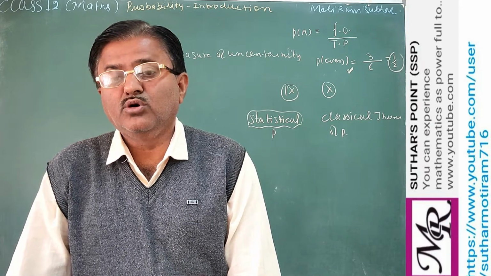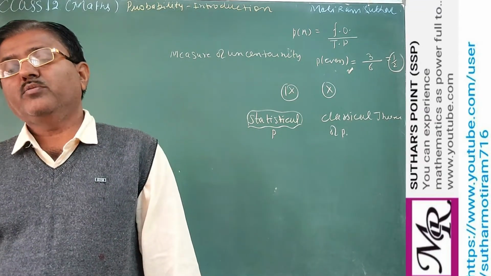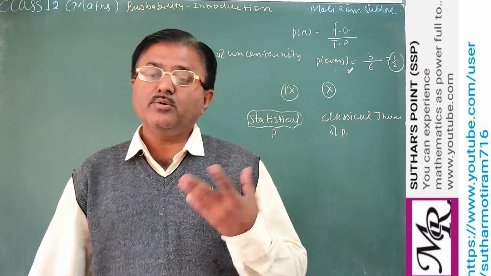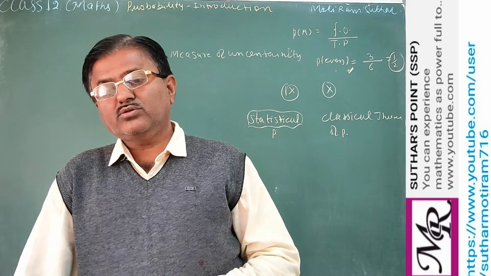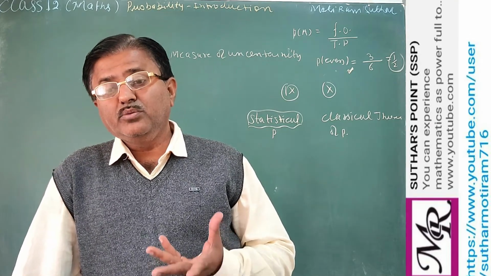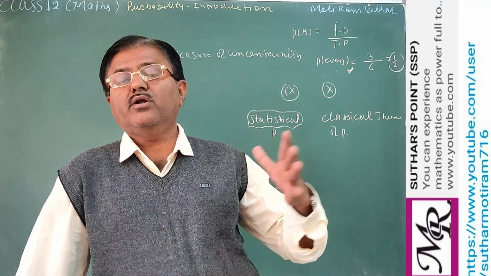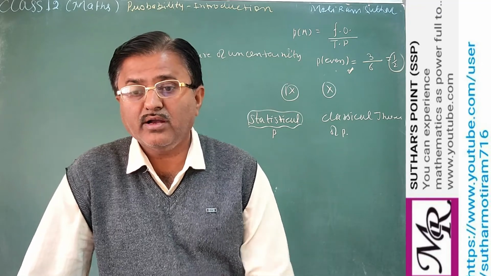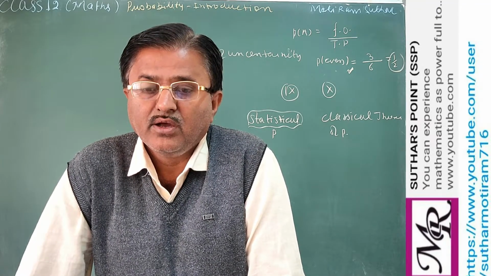Because in both theories we are using the formula in which we say total possible outcomes. So total possible outcomes you should know, and favourable outcomes also you should know. So for events where we have an infinite number of outcomes, if you want to find the probability, then these theories fail.